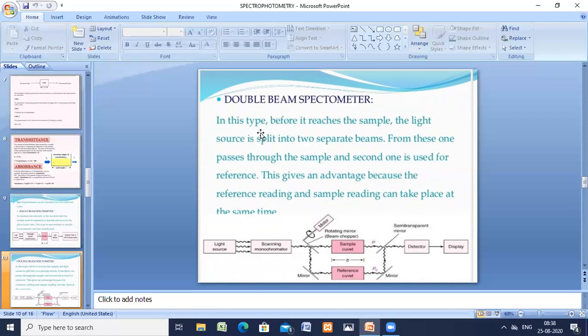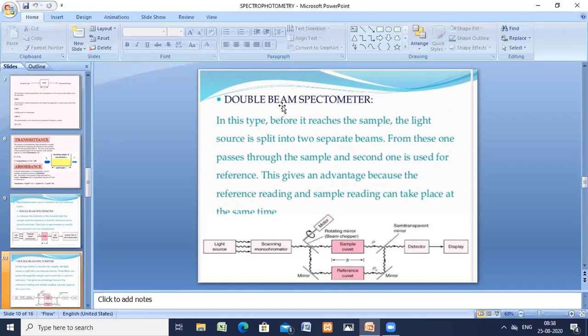The beam is double: from the source it comes to the sample and the reference, two beams, one to the reference and one to the sample.